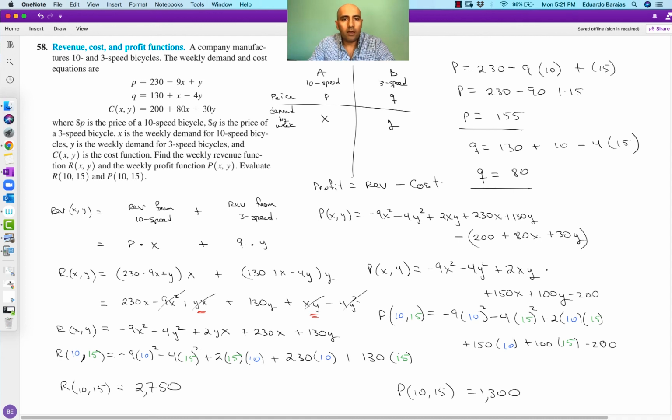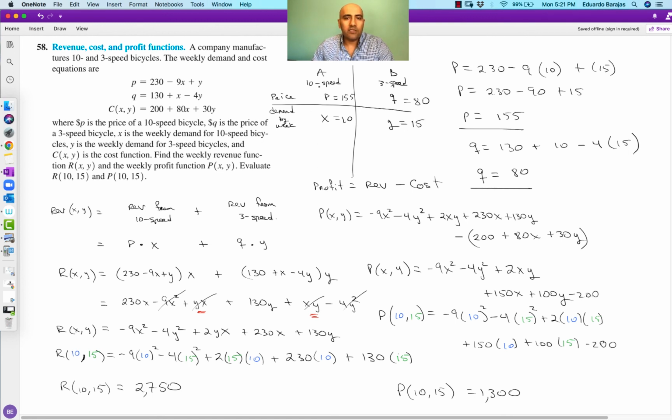So when we have a weekly production rate of 10 of the 10 speeders, well, let's put these numbers in here. So for this particular situation, we have that the price ends up being 155, and this one ends up being 80. And this is when X equals 10 and Y equals 15.